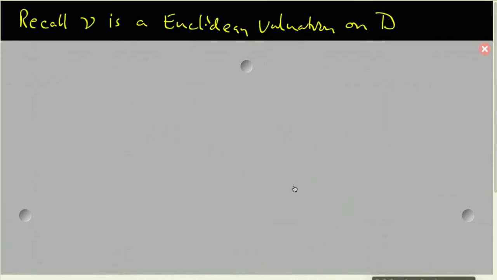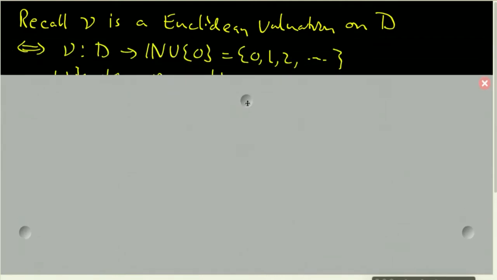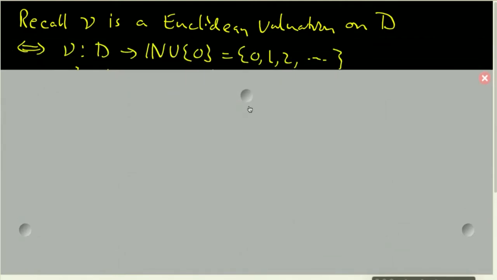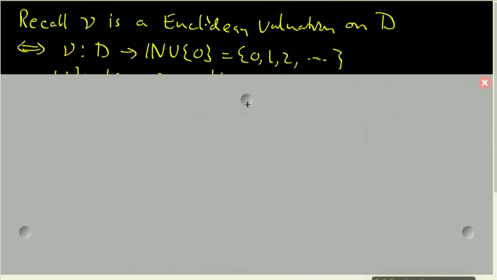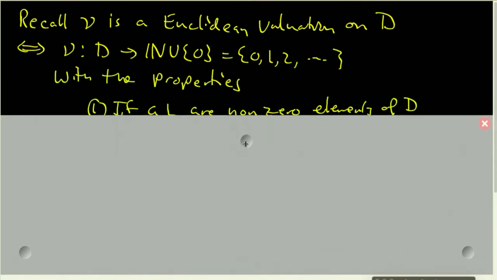When we say that nu is a Euclidean valuation on a domain D, what that means is that, first of all, nu is a function from D to the set of non-negative integers, and it has to have two properties.